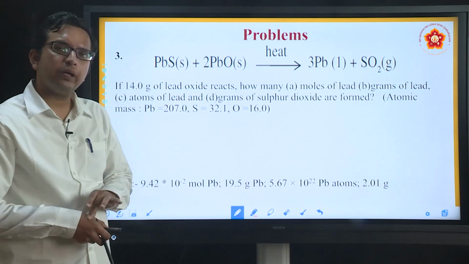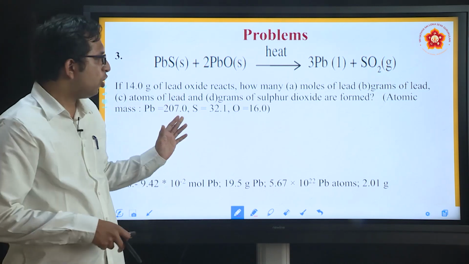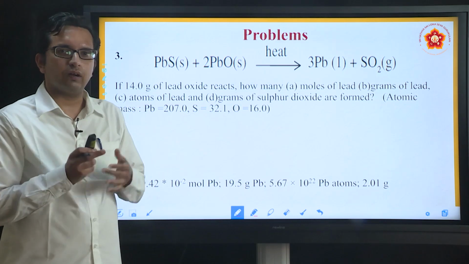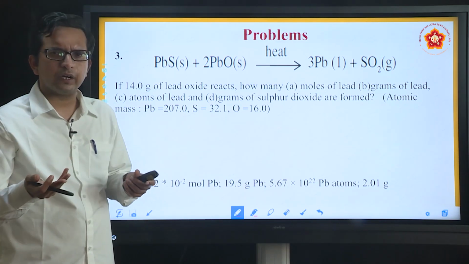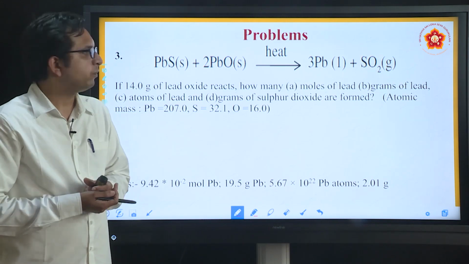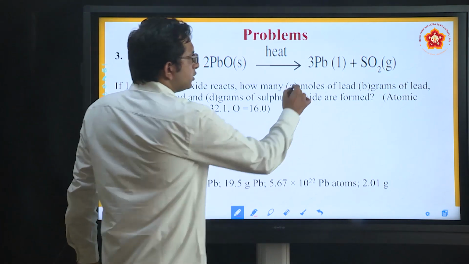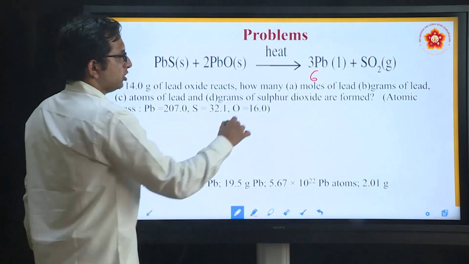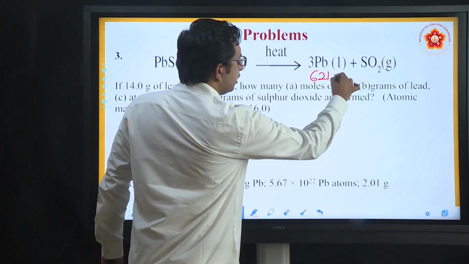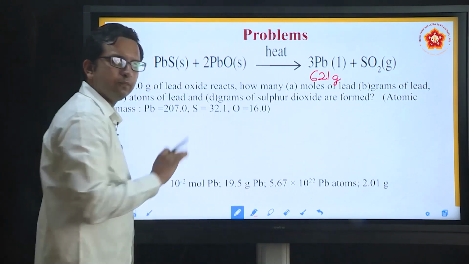Atoms of lead. How many atoms of lead are obtained is what they have asked here. How can you know the atoms of lead? You can know it depending on the moles that have been formed. You have already understood that the total mass in this case, for 3 Pb, was 621 gram.